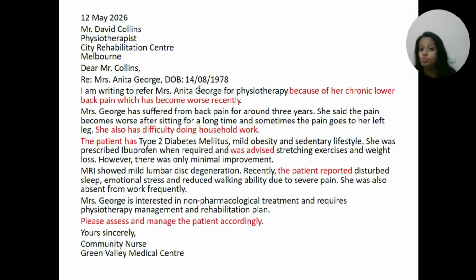So examiners notice that immediately. And the final problem here is, you can see here, "please assess and manage the patient accordingly." This is very vague. An OET referral letter should clearly tell why you are referring, what you want the reader to do, and what outcomes are required, not vague sentences like those.